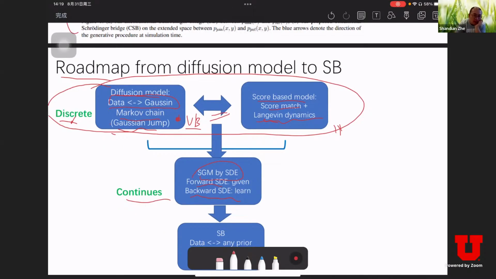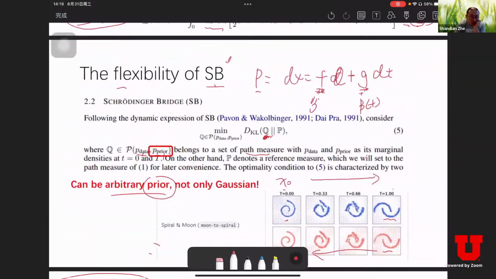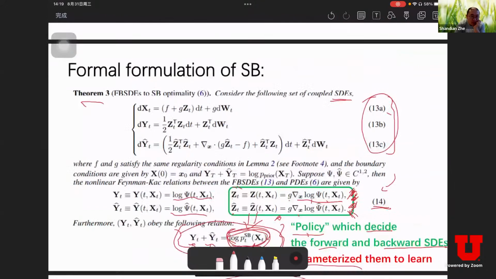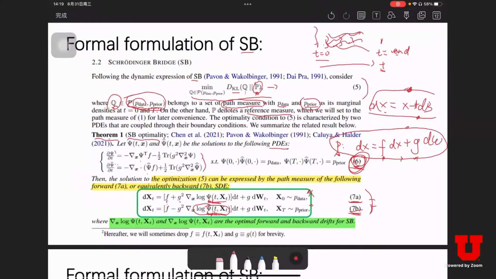So I want to ask a question. If you go back to the theorem about the Schrödinger bridge, it is associated with some equation, right? Can you just go back? Oh yeah, here. So the key is essentially to solve this psi equation, right?